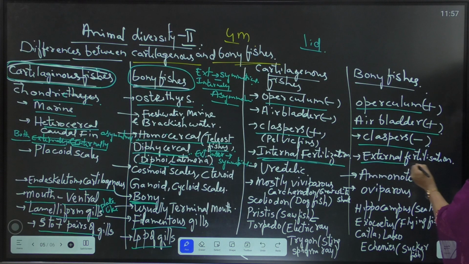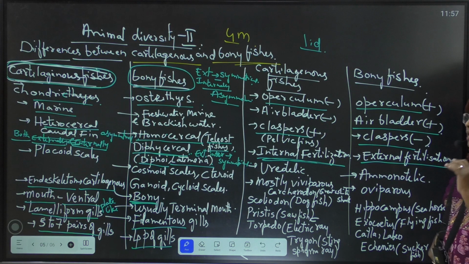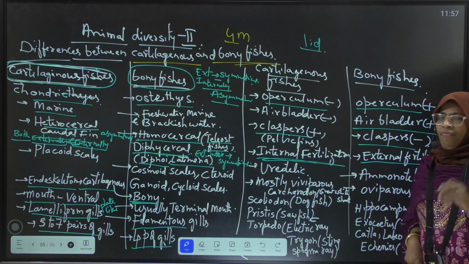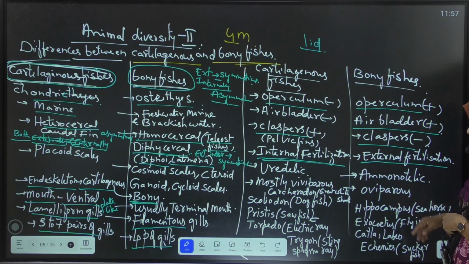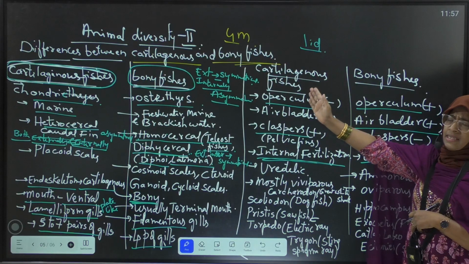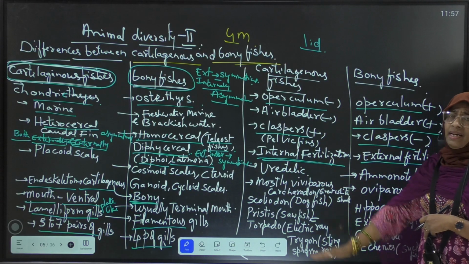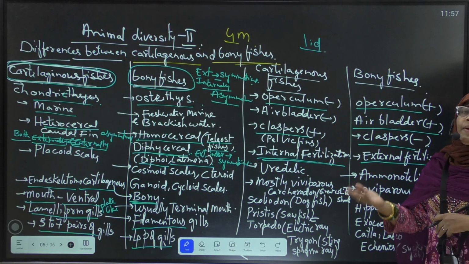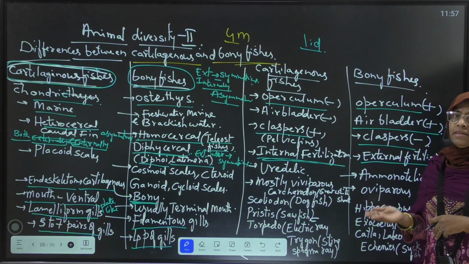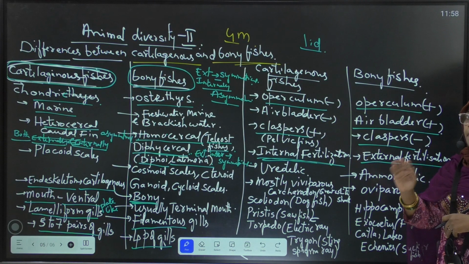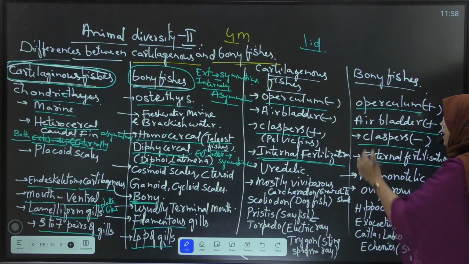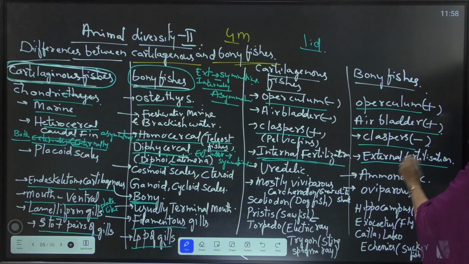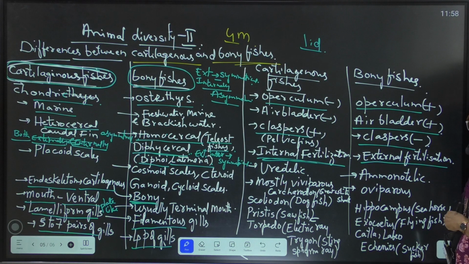So what type of fertilization takes place in bony fishes? External fertilization. Why does internal fertilization take place in cartilaginous fishes? Due to the presence of copulatory organs called claspers, which are present on pelvic fins. In bony fishes, claspers are absent, so fertilization is external.